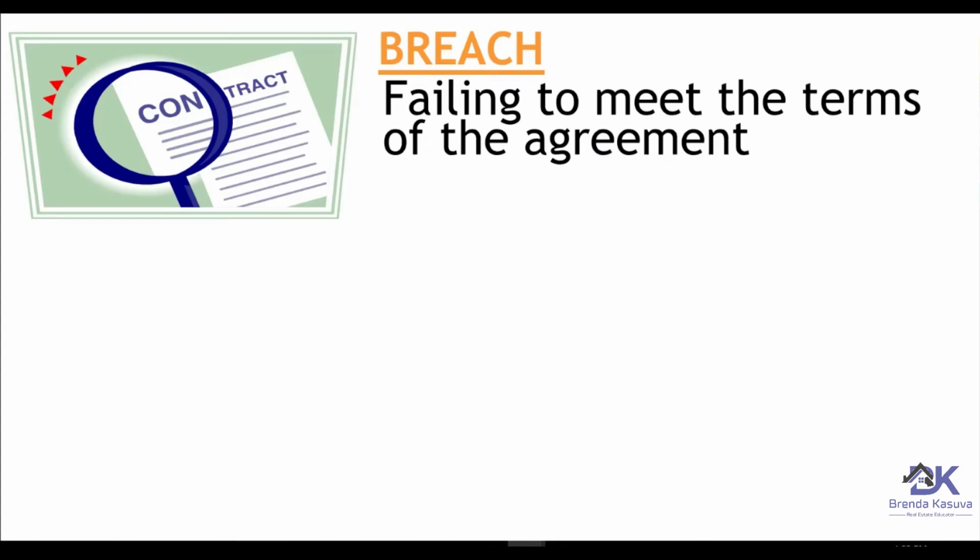So novation is a new contract. For example, you and I are on the contract together. I mess up my credit. Now the contract can only be in your name. So we're going to do a novation, a new contract with just your name.